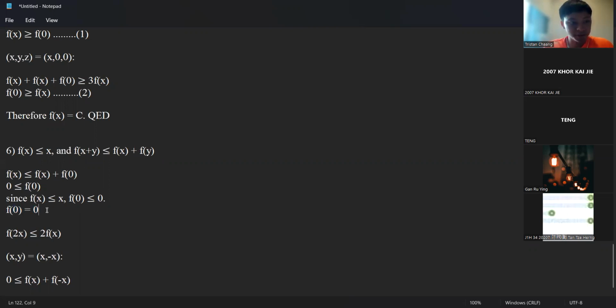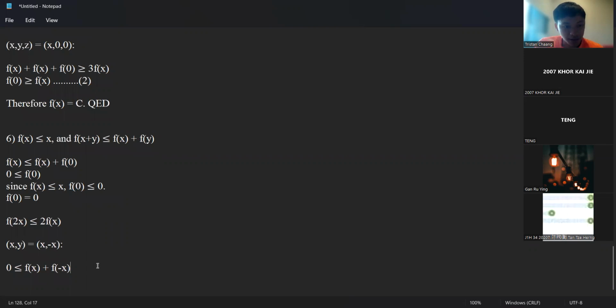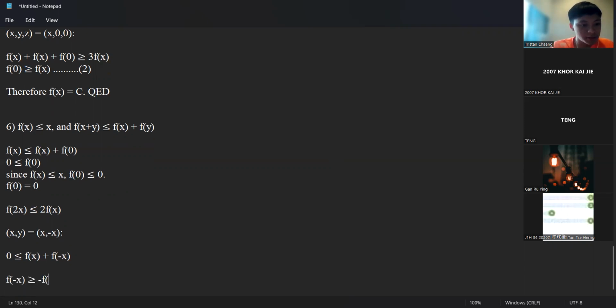So f(0) is 0. So yes, we get f(-x) is more than or equal to minus f(x).